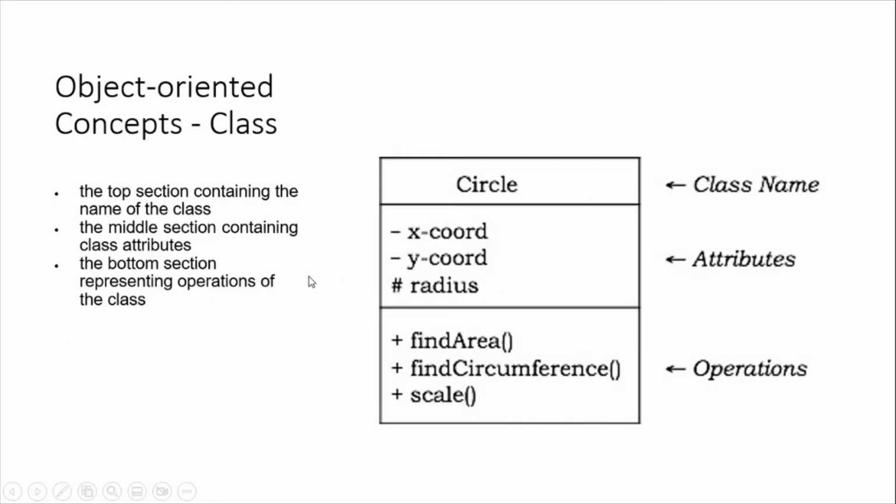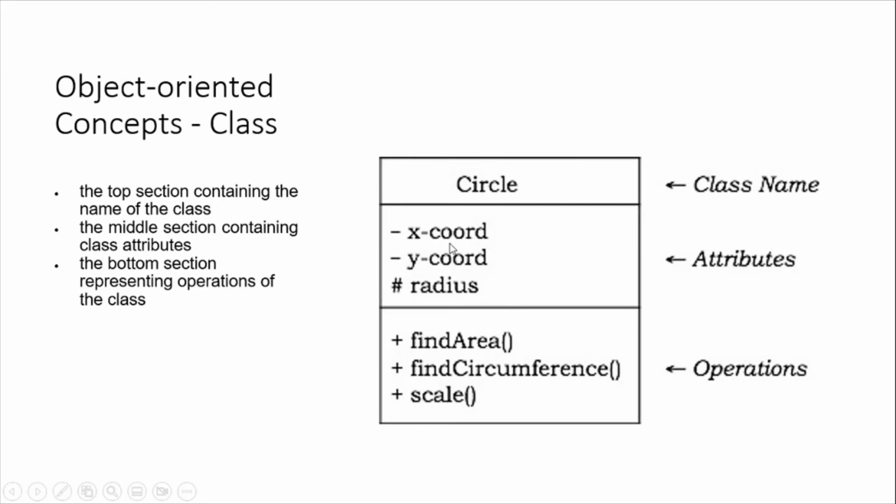Now, so let's talk about concepts of object-oriented. So earlier we discussed this as an example, but let's see this in detail. The top section contains the name of the class. For example, the class name is Circle. The middle section contains the attributes. What are the attributes of the circle?